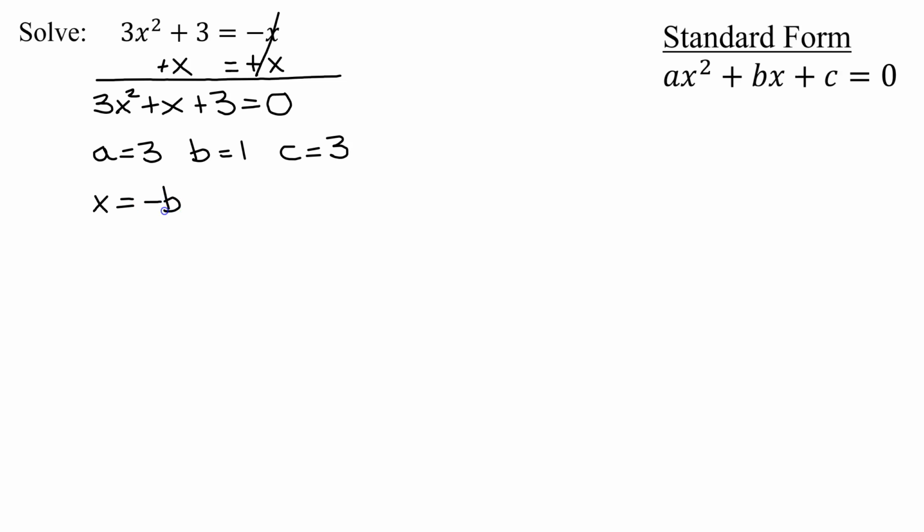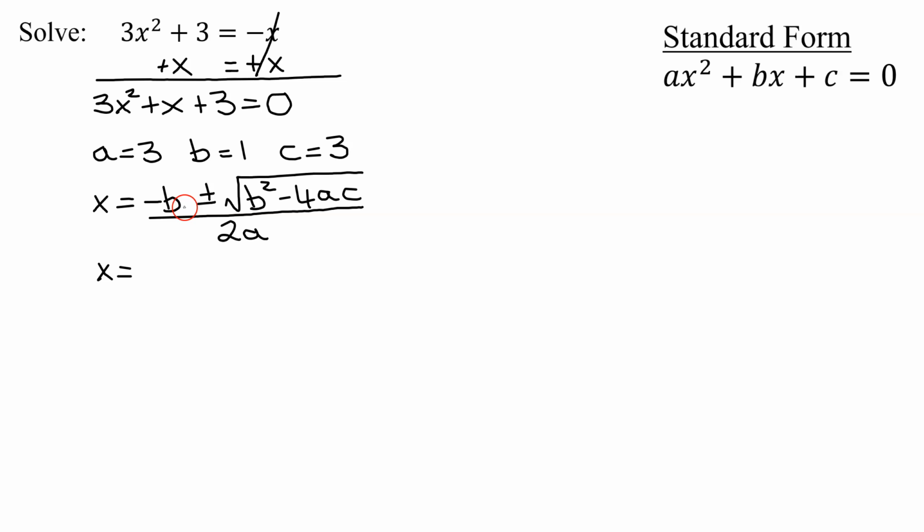X equals negative b plus or minus the square root of b squared minus 4ac, all divided by 2a. So now it's just plug the numbers in.